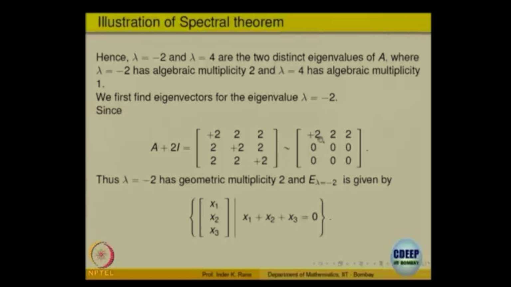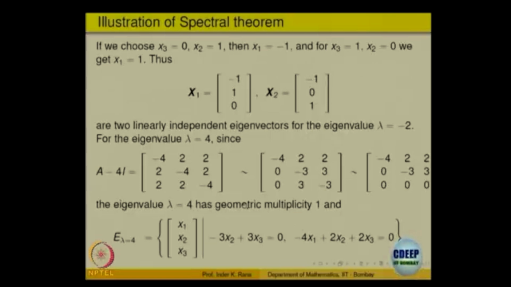So just writing this, that means it is 2 times (x1, x2, x3) equal to 0, right, all linear combinations. So that is a null space. So you get 2 eigenvectors for this eigenvalue: x2 is equal to 1, x3 equal to 0. And similarly for the other, x2 is 0 and the component x3 is 1.